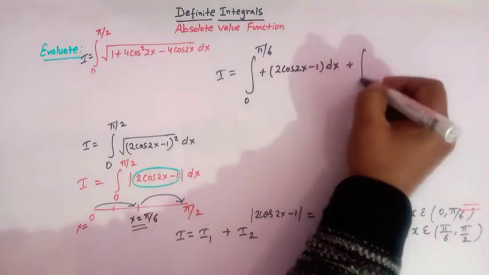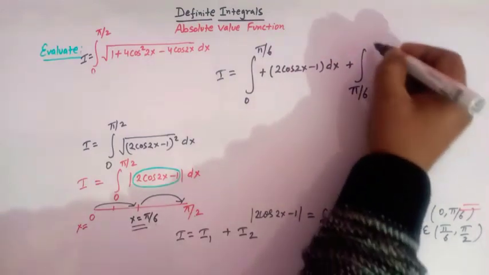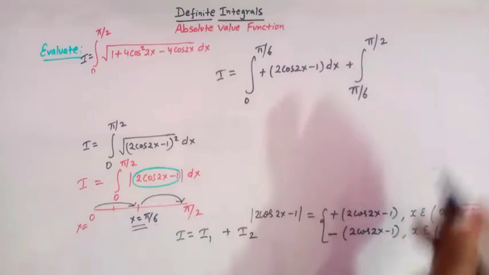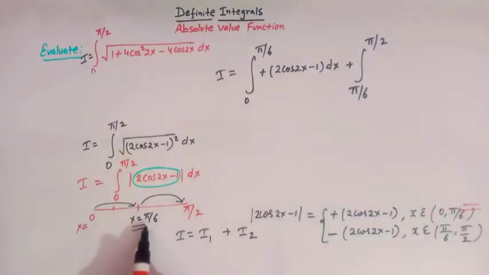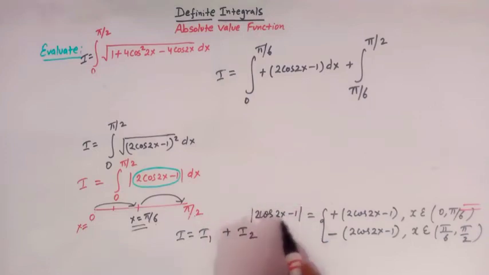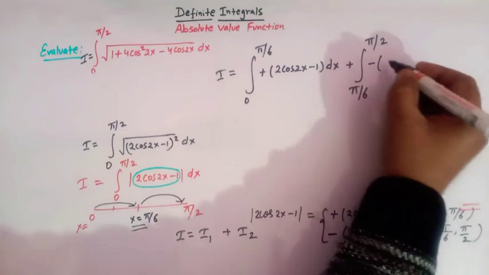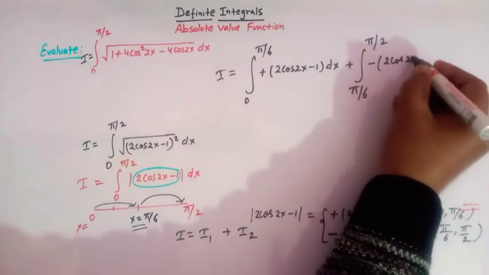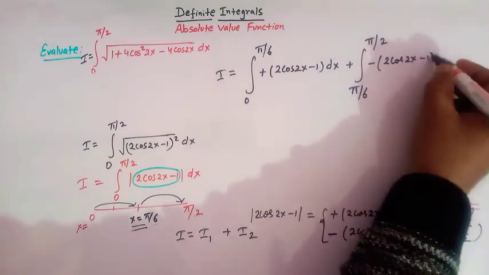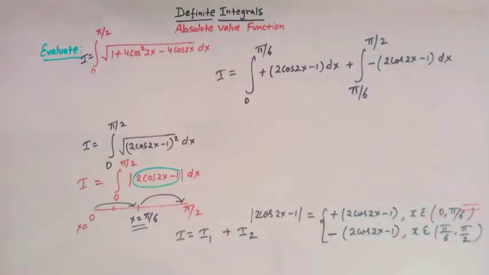And I2 is from pi by 6 to pi by 2, and when x lies between pi by 6 and pi by 2, then mod of 2 cos 2x minus 1 is equal to negative of 2 cos 2x minus 1, and here we have dx, right?